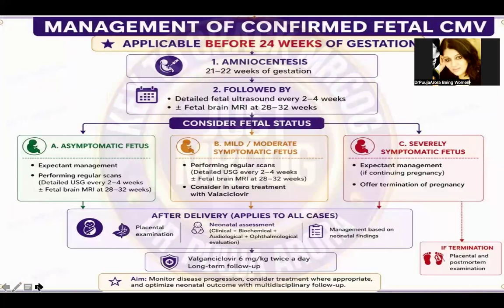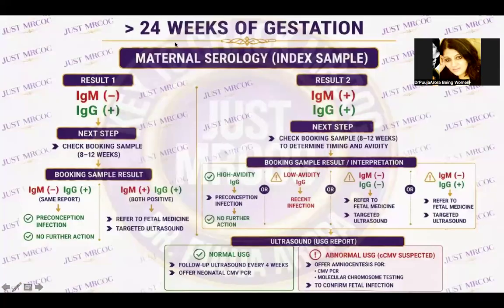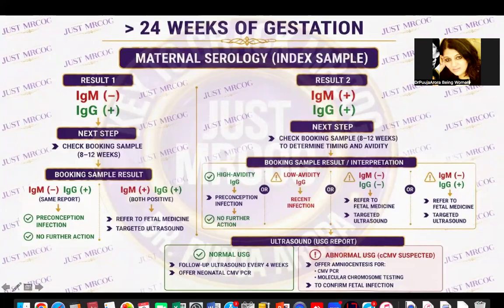Now, if patient is coming after 24 weeks of gestation, this is the first result. Index means immediately whatever test you have got done for her. There may be 2, IgG, IgM negative, IgG positive, IgM positive, IgG negative.